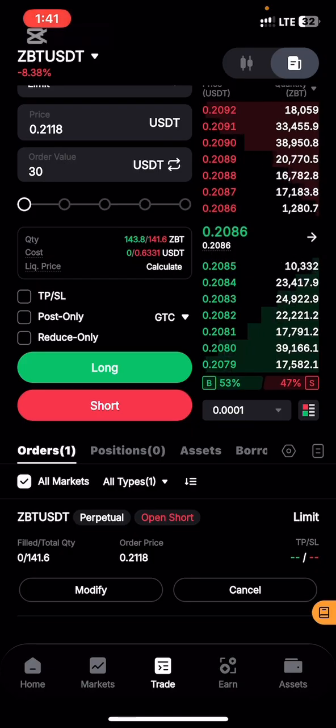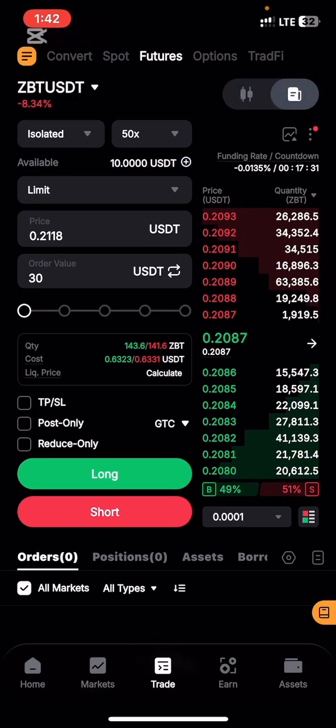So this is the difference between limit and market. Market takes you immediately into the trade, but limit is like you are commanding the system, like an alarm: put me into the market at this certain time when the price is this or that. I believe you understand. All right, I'll be canceling the trade.